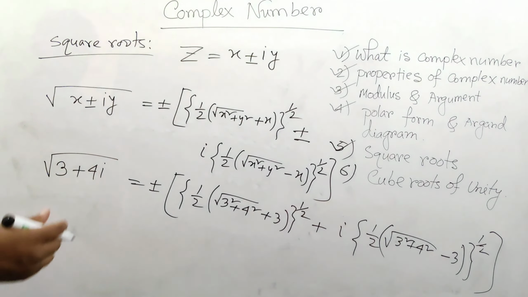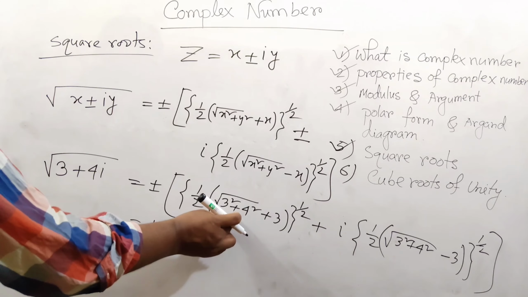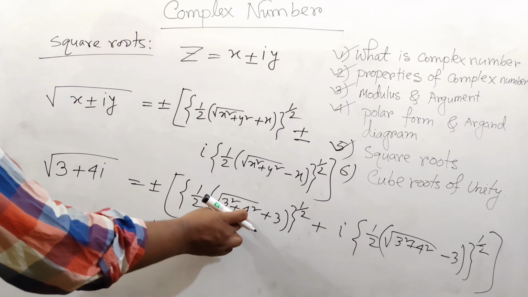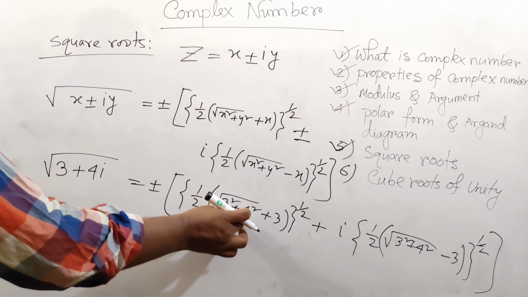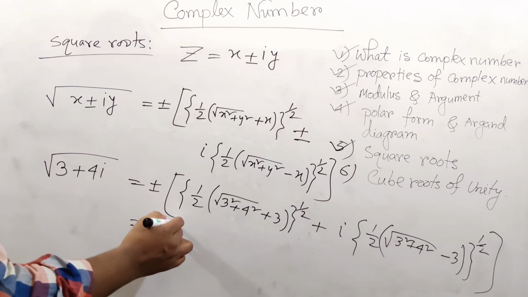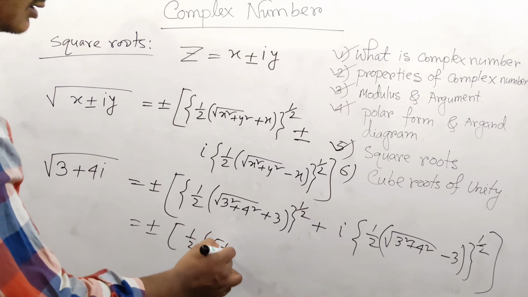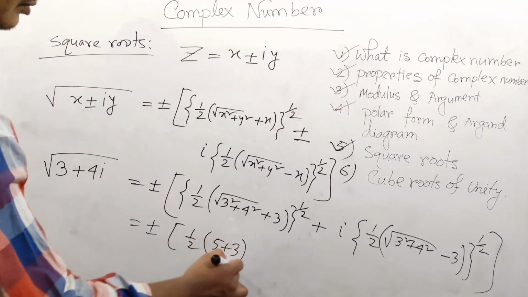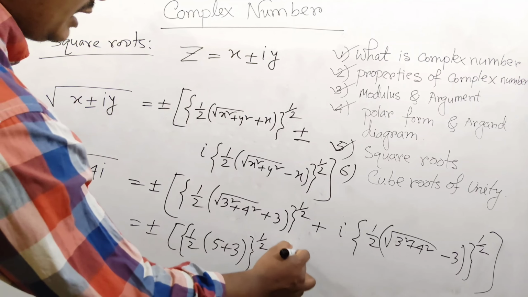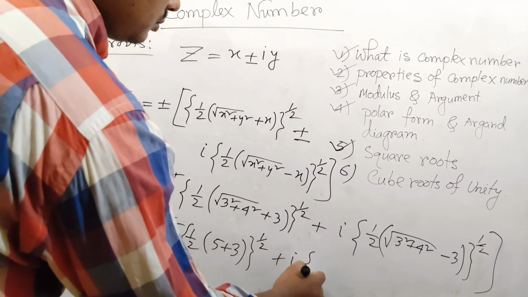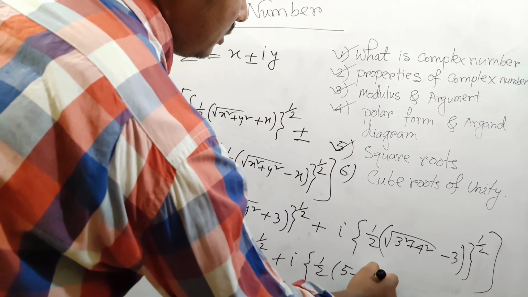Now if you do the workout, you can easily find the square root. 3 square is 9, plus 4 square is 16, 9 plus 16 is 25, and the square root is 5. So you can write half of 5 plus 3, to the power half, plus i, half of 5 minus 3, to the power half.